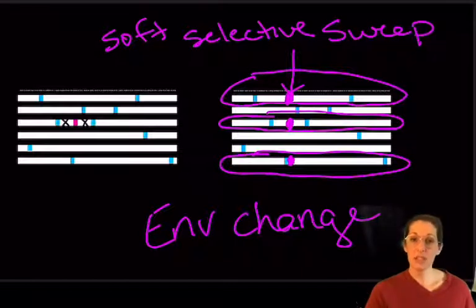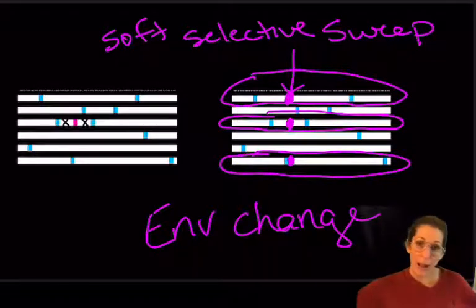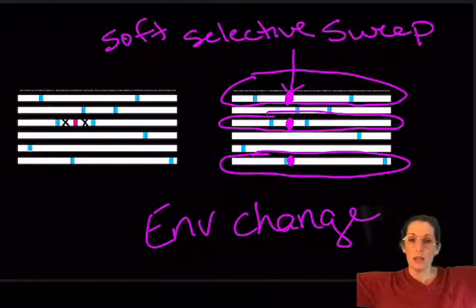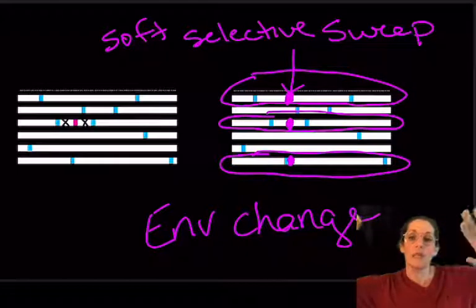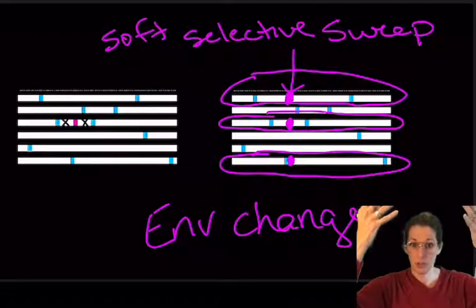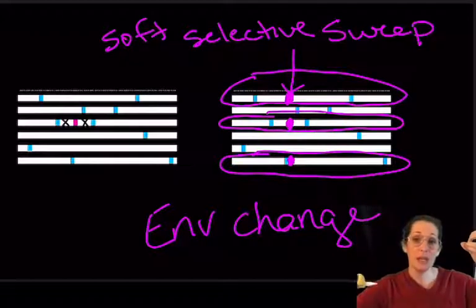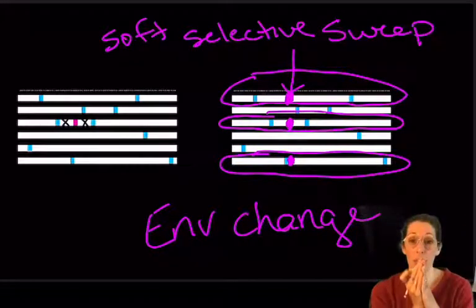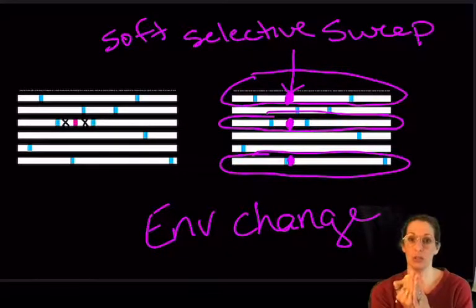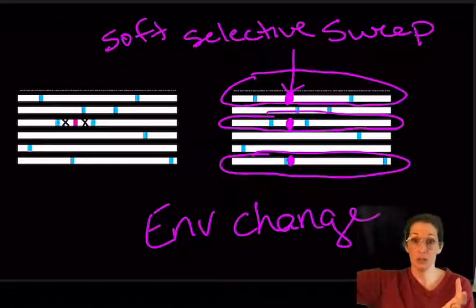And in the case of a soft selective sweep, rather than seeing the alleles that are nearby on the chromosome carried with the beneficial allele, what you'll see is fixation only at that spot, only at that location, because there's variation.